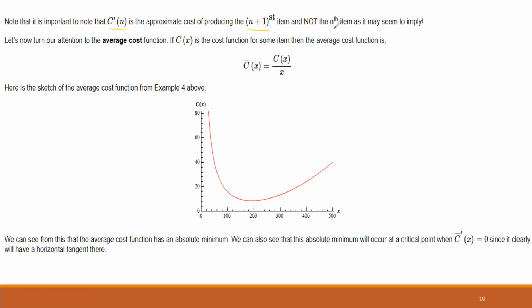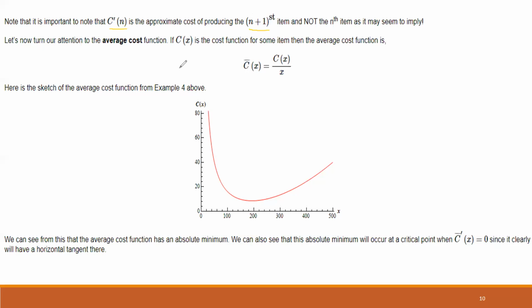Notice here, the first derivative of your cost function at n is the approximate cost of producing whatever value you get here plus 1 item.